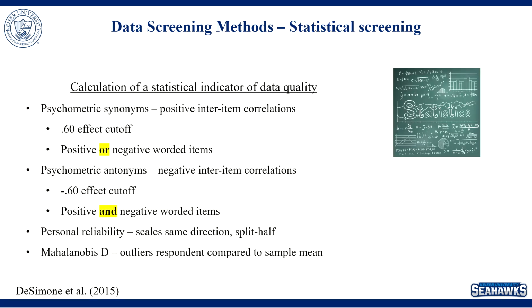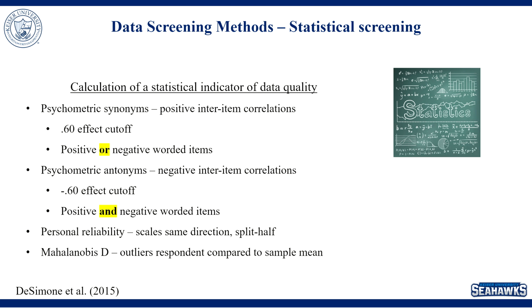Another method of screening is statistical screening. It is similar to what we just discussed, however you apply statistics to see if data is perhaps unreliable. So when you have psychometric synonyms, basically you're looking at something similar to what we just talked about. The synonyms will be items that are responded to in a similar manner, with positive inter-item correlations, meaning they're all going the same direction.